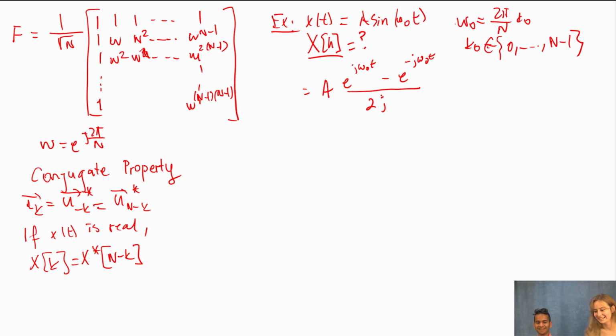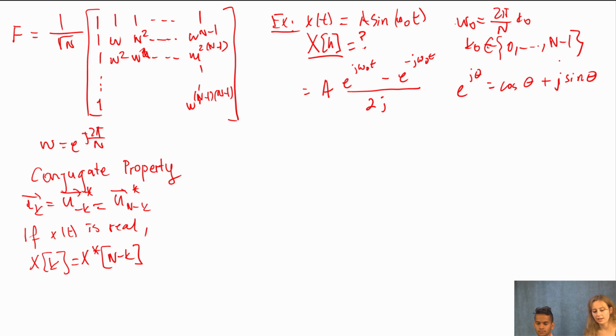The j comes from the fact that e to the j theta equals cosine theta plus j sine theta. Therefore, we have to get rid of this j somehow, and we divide by j. Yeah, that's right.